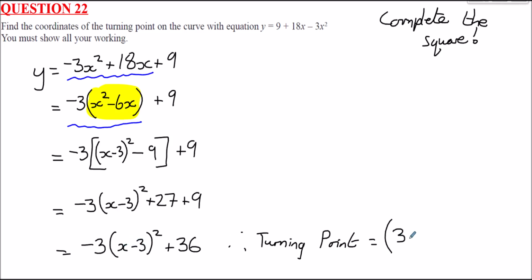Then when x is 3, all of this is 0, so minus 3 lots of it is also 0, and we're just left with 36. So this number on its own is always the y-coordinate at the turning point. So it's 3, 36. That number gets switched, that number stays exactly as it was. So the turning point is 3, 36.